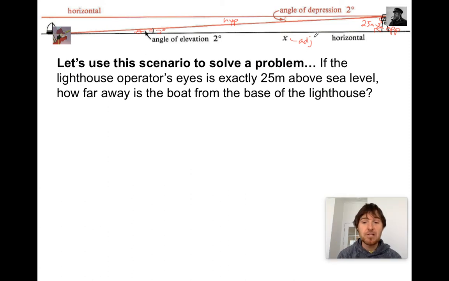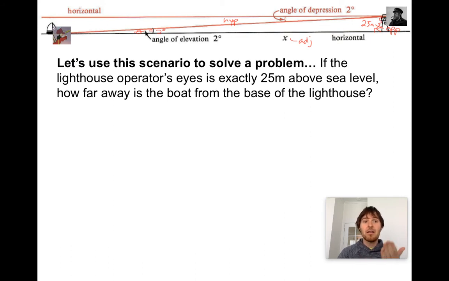One other thing that I forgot to mention on the last slide, which is worth putting in this situation: the angle of depression from the lighthouse operator is the same as the angle of elevation with respect to Captain Hook, the captain of the sailboat. Can we think about why that actually is the case?